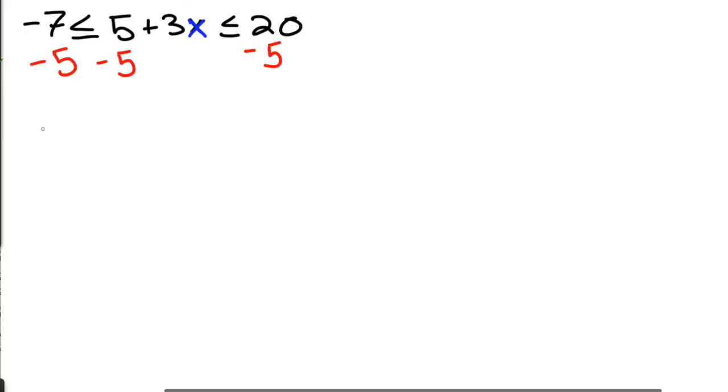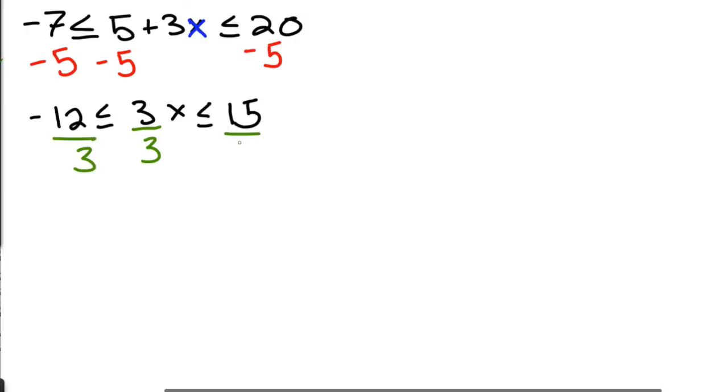So then what you end up with is negative 12 is less than or equal to 3x, which is then less than or equal to 15. Okay, now to move the 3 over, since it's multiplying, you're going to divide by 3 on the left and the right side.